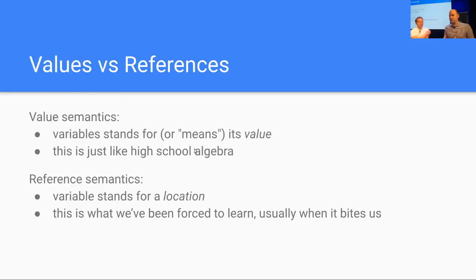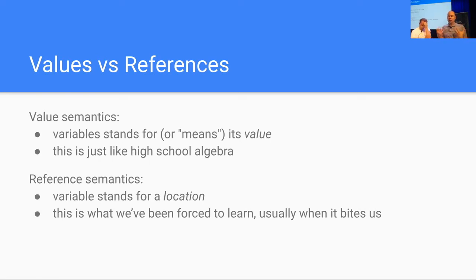So a value in something that has value semantics is a variable that, sorry, this is self-referential. When you declare something in your code, you're declaring a name. And if it's a name for a value, that name stands for that value. Right? X stands for the array of elements that it contains. This is how math always works. This is what you expect out of basic integers.